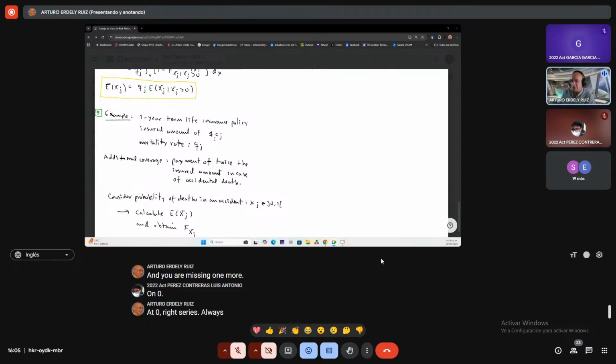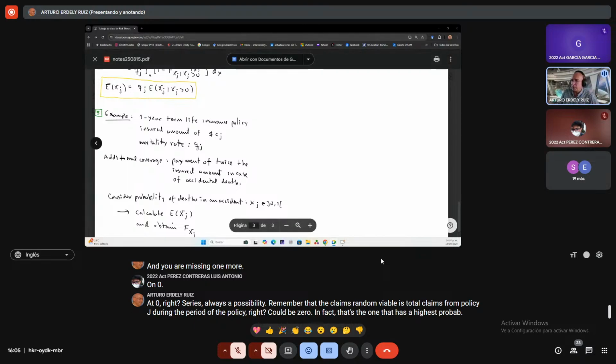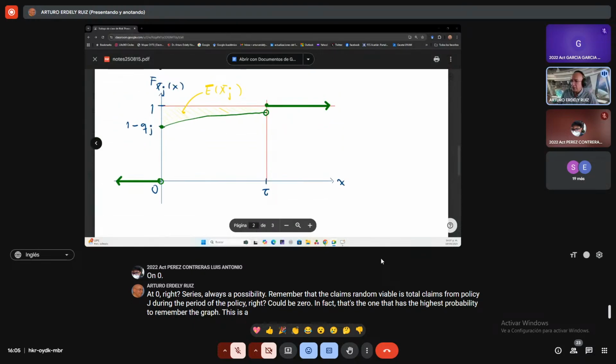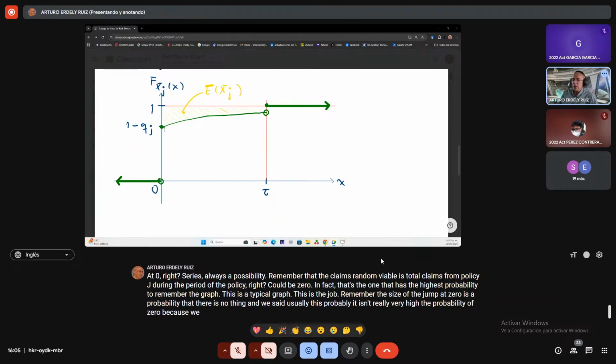0 is always a possibility. Remember that the claims random variable is total claims from policy J during the period of the policy. Could be 0. In fact, that's the one that has the highest probability. Remember the graph? This is a typical graph. This big jump, remember the size of the jump at 0 is the probability that there is no claim. And we said usually this probability is going to be very high, because we just sell insurance products to cover events that have a very low probability.